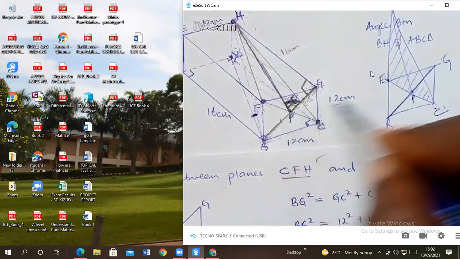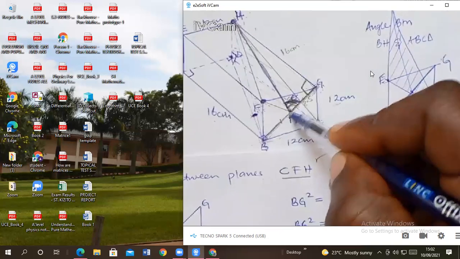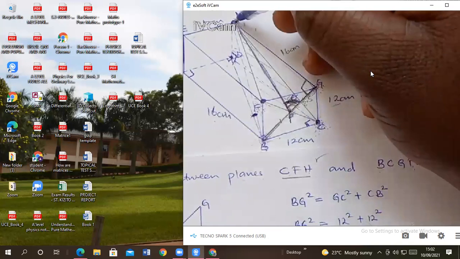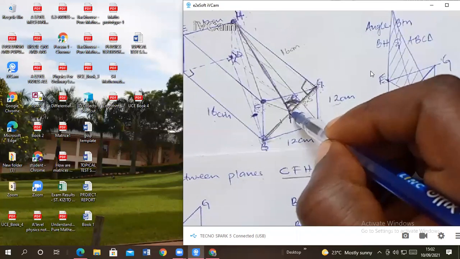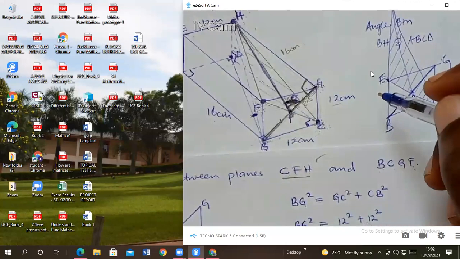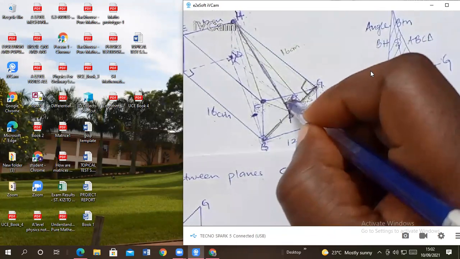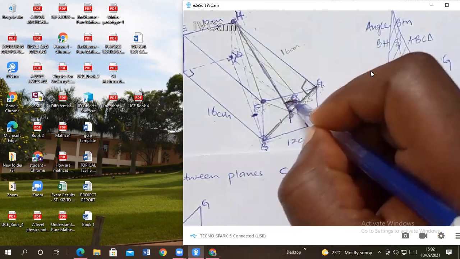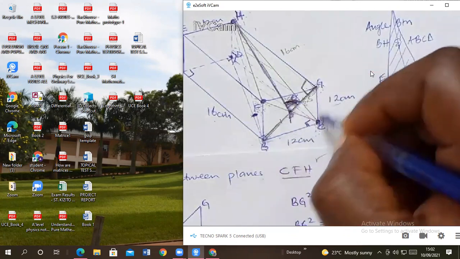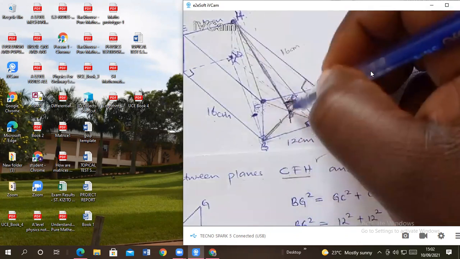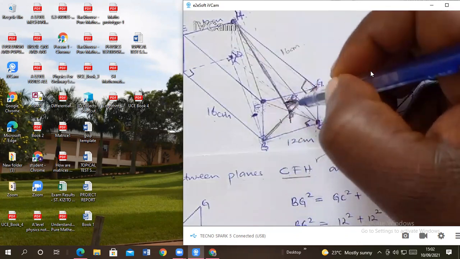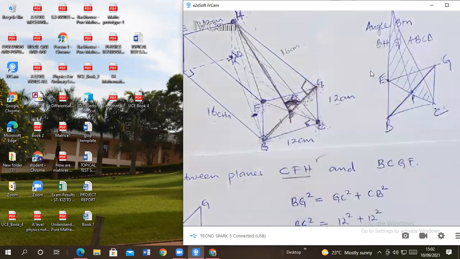Such that now, this line BG and this line HP meet at the same point. Where they meet, that's where the angle is. That's where the angle of the plane BCDF and the plane CFH is, where they meet.